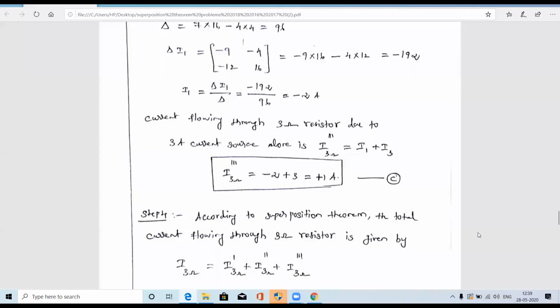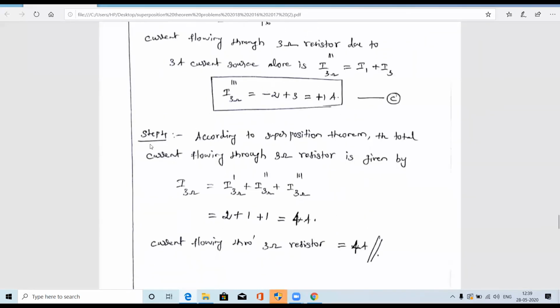The current flowing through the 3 ohm resistor due to the 3 amps current source alone is the addition of I1 plus I3. The I1 value is minus 2 and the I3 value is 3 amps. So if you add, we will get the current as 1 amp. So this is equation number C.